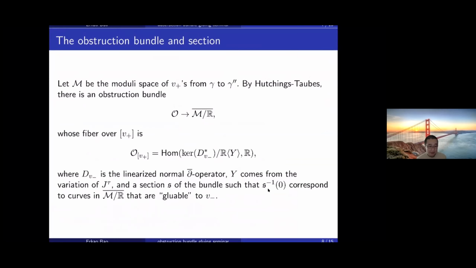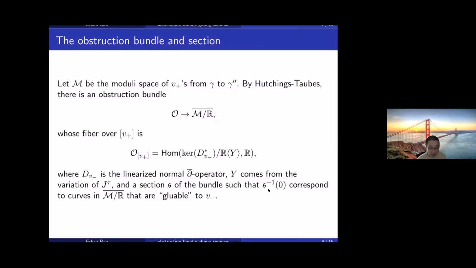Let M be the moduli space of V plus, the moduli space of holomorphic cylinders of index K connecting from gamma to gamma double prime. And then by Hutchings-Taubes' gluing tool, there is an obstruction bundle O over the moduli space M quotient out by the translation.